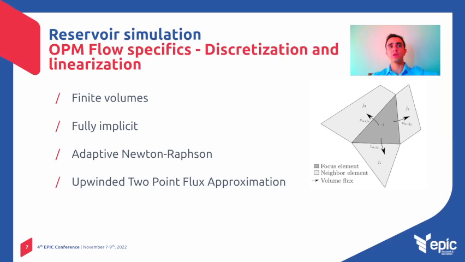And for the numerical differentiation, it adopts this upwinded two-point flux approximation method, which is illustrated in this figure here, where the numerical differentiation is calculated based on focus elements and its neighboring elements based on volume fluxes.